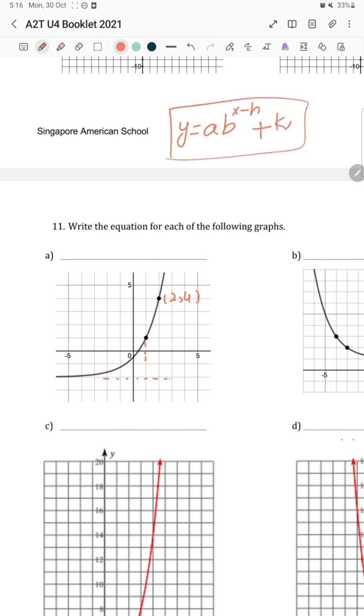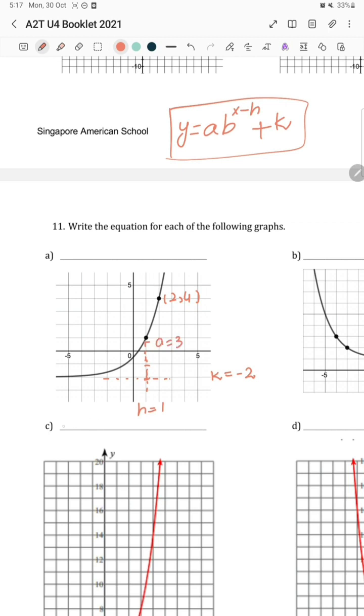Okay, so in question number 1, here this is minus 2, so k is equal to minus 2. Here it is 1, so h is equal to 1. The distance is 1, 2, 3, so a is equal to 3.